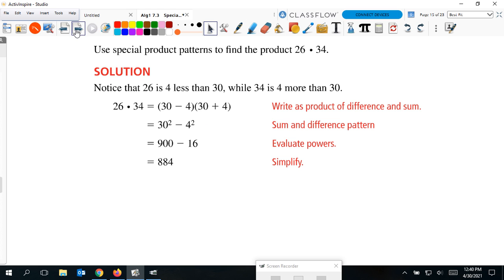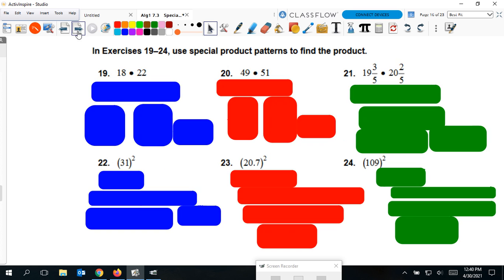All right, let's try a couple here. I'll try number 21 first, and it's got fractions: 19 and 3/5 times 20 and 2/5. They are both the same distance away from 20, 2/5 away. So it's 20 minus 2/5 for one, and 20 plus 2/5 for the other.